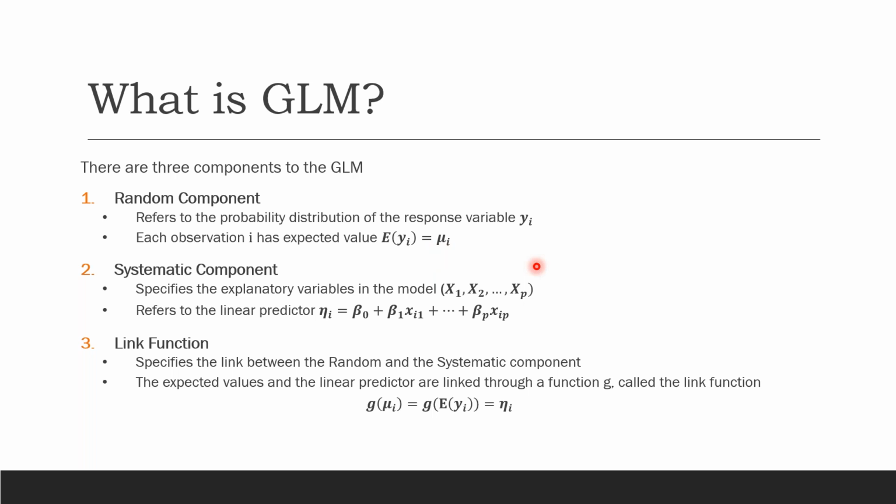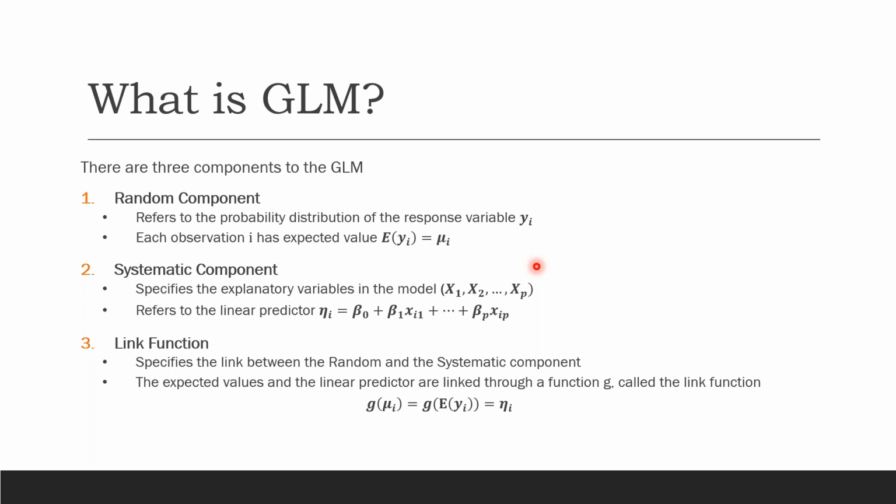Then next is the systematic component. We have a linear predictor, which is a linear combination of the predictor variables. Please note that this is different from our response variable. It will become clear in the next few slides when I list out some examples.